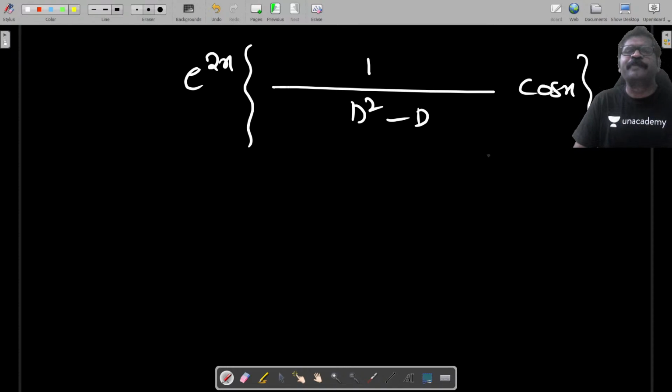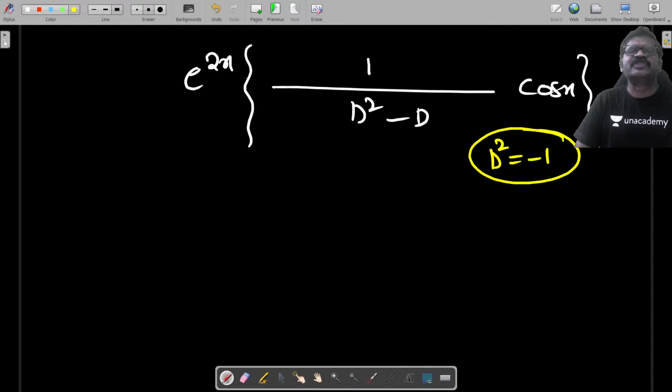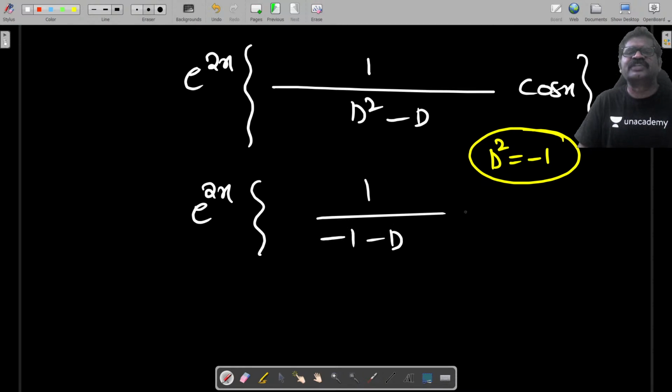Now replace D square equal to minus 1. E power 2x of 1 by minus 1 minus D cos x.